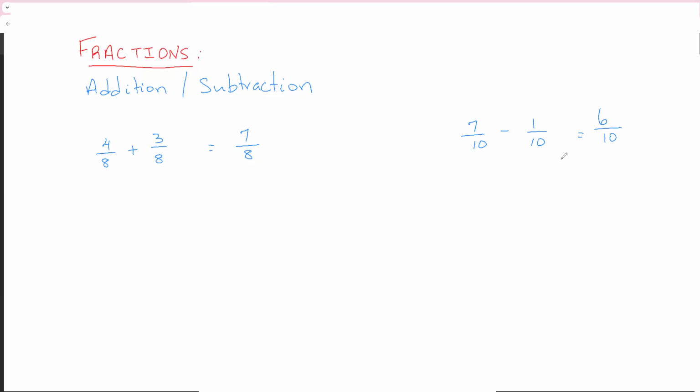They could both be found in the 2 times table. So 2 could go into 6 3 times, and 2 could go into 10 5 times. Once you see that you could reduce, you reduce it to its lowest terms.